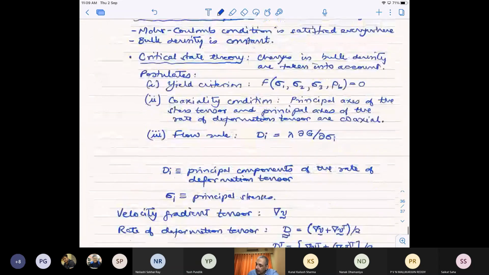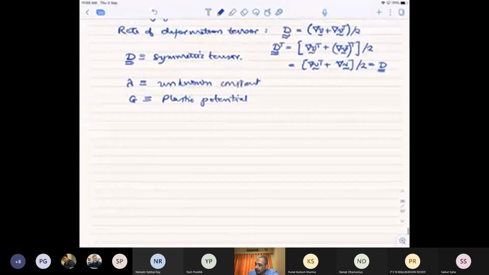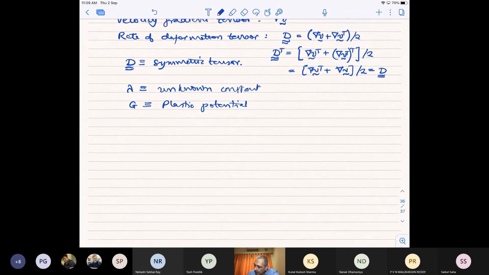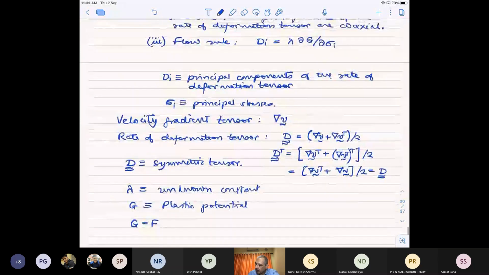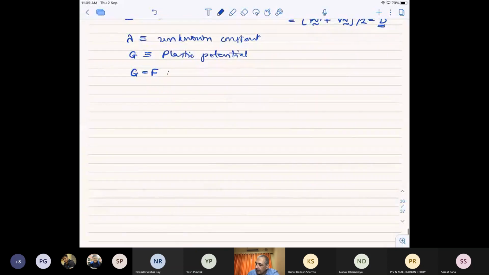By solving all of these, and I'll give you exact examples of each of these functions, you can actually get the full velocity profile in the system. If G is equal to F, where F is the yield function, then this is called an associated flow rule.